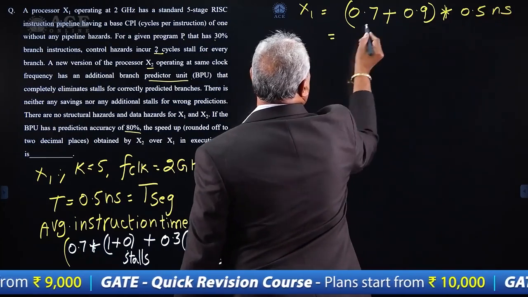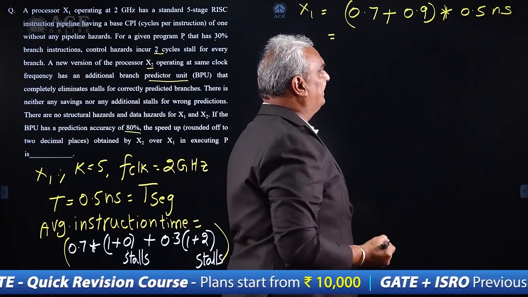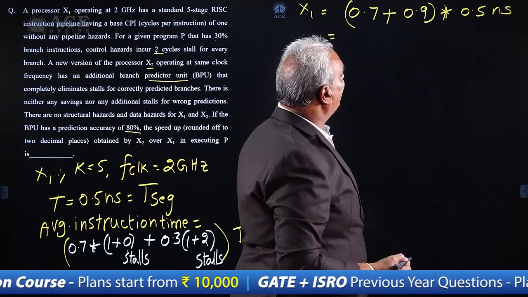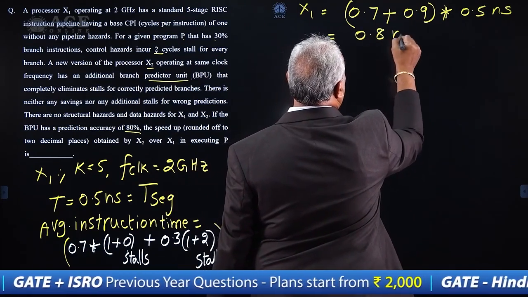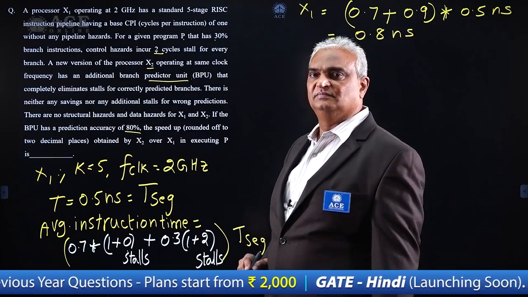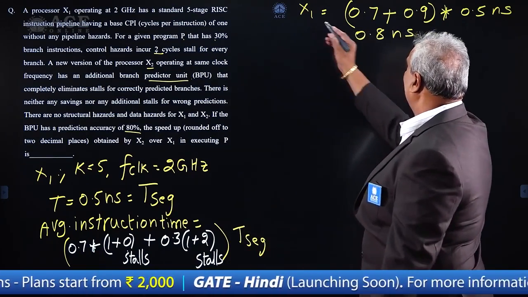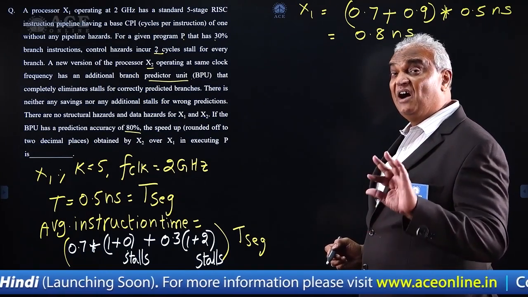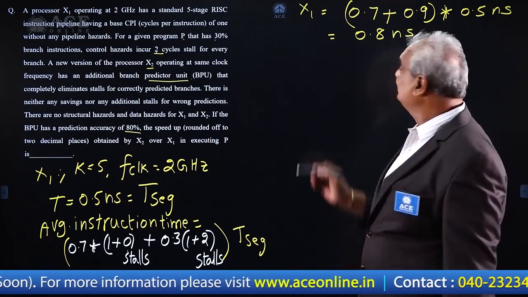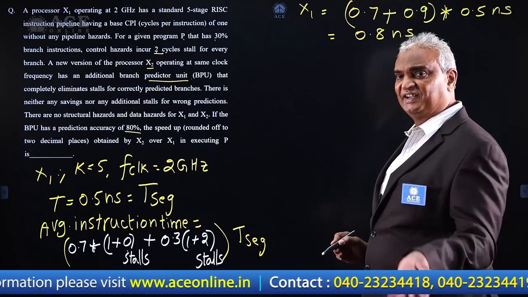That is 0.7 plus 0.9, 1.6. 1.6 into 0.5 means 0.8 nanosecond. Watch carefully. Here x1 is nothing but 0.8 nanosecond. It is nothing but the average instruction time.